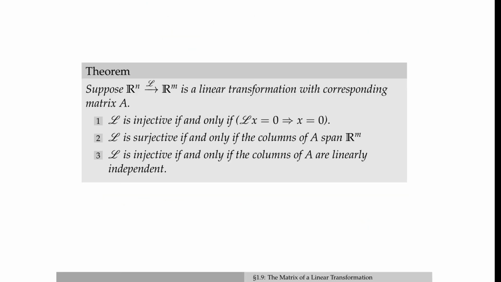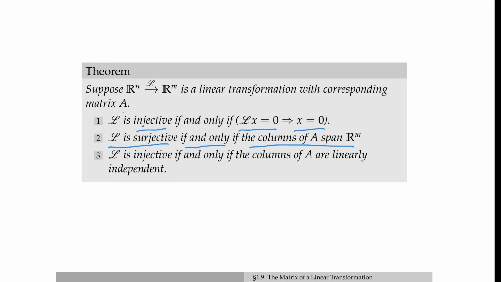And this is me spelling it out for you. Suppose we have a linear transformation with corresponding matrix A. L is injective if and only if Lx equals 0 implies x equals 0. That is my entire discussion on the previous slide. Now, L is surjective if and only if the columns of A span Rm.